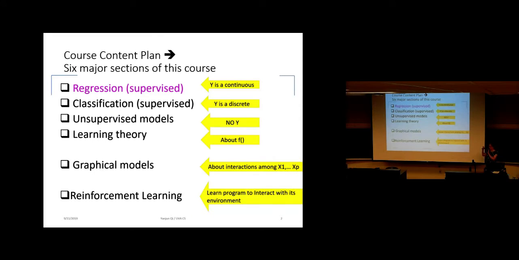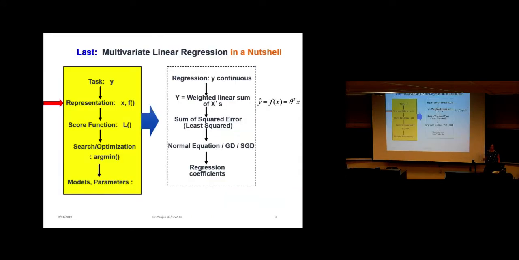So again, this is where we are, and lecture 5 focuses on representation. In linear regression, we have only this form, theta transpose x, and that's all we have. Given the x features, we learn a weighted linear combination to predict y.